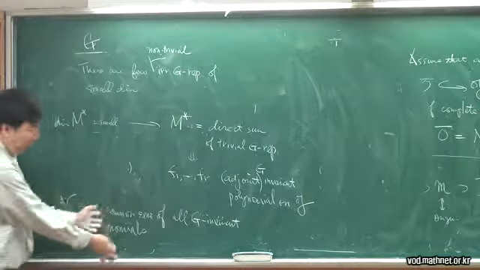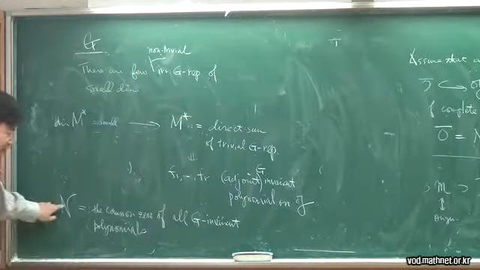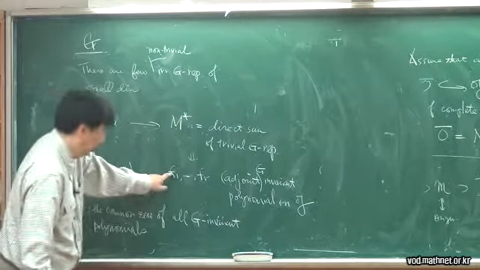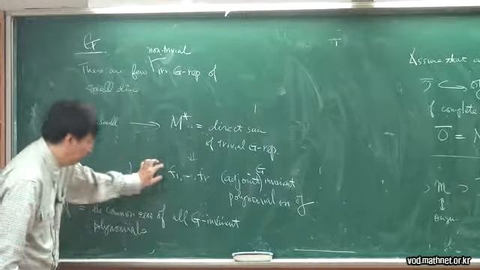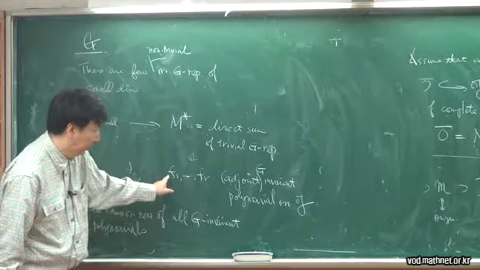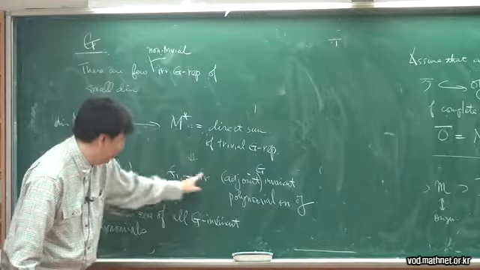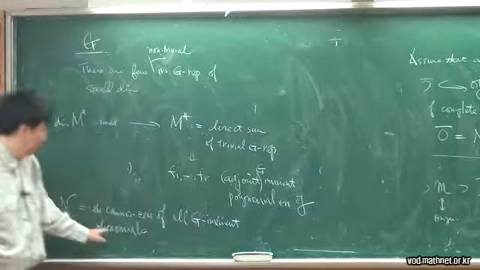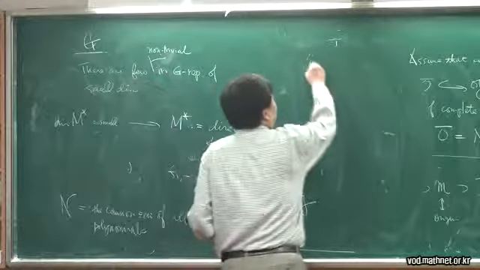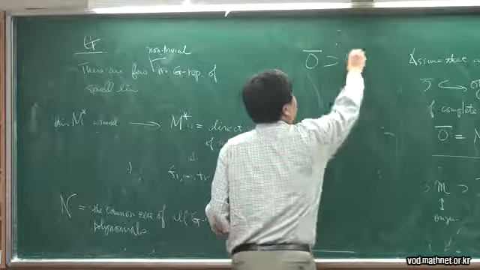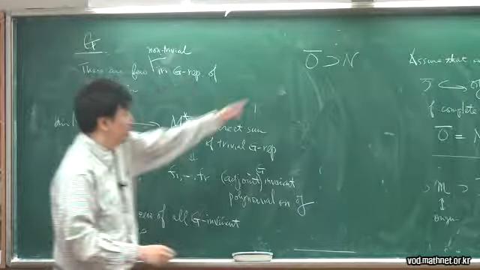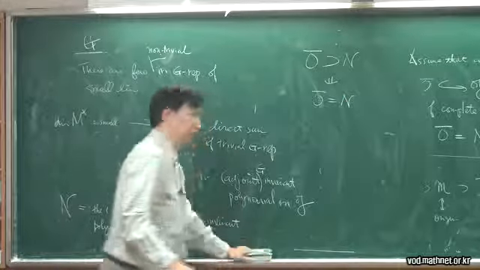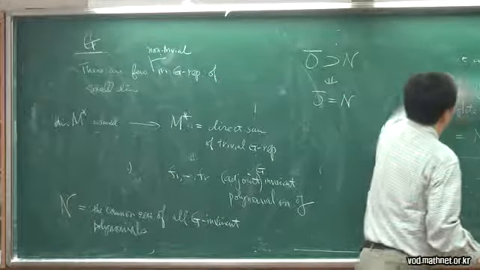If you take all G-invariant polynomials, then N is nothing but the common zeros of such things. Then O bar is the common zeros of some G-invariant polynomials, but on the other hand, N is the common zeros of all G-invariant polynomials. Then O bar should be bigger than N. But N is the biggest one, so this implies that O bar is N. This is the idea.